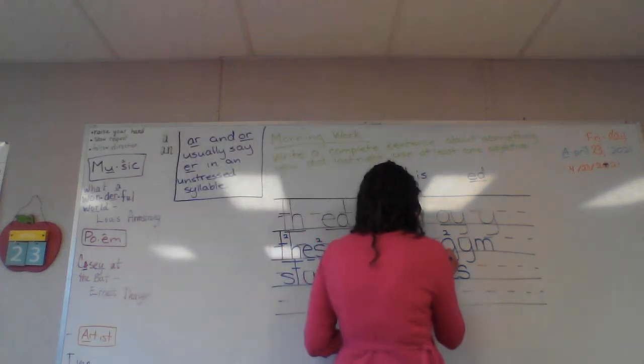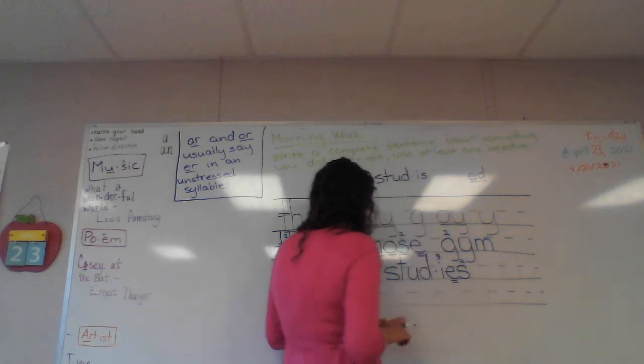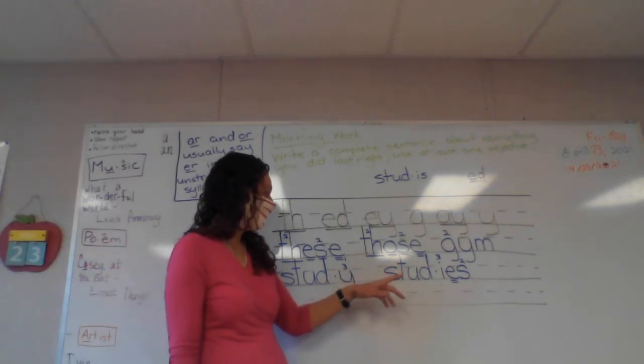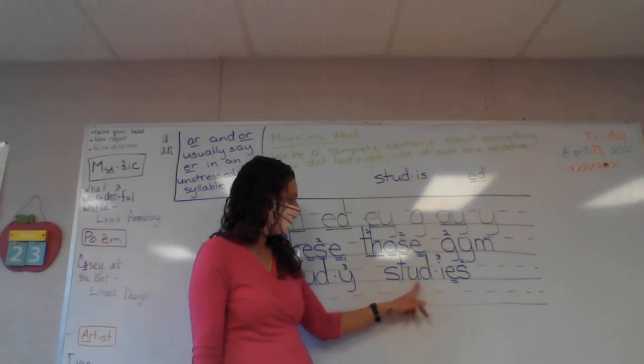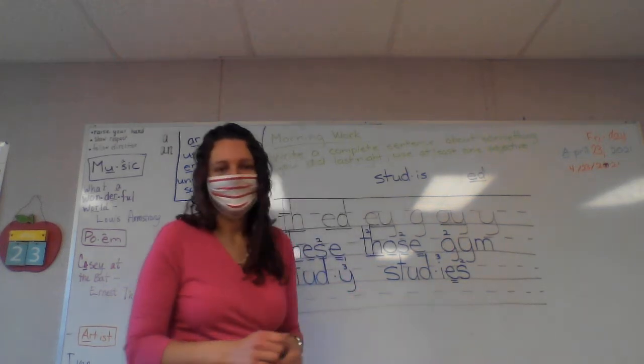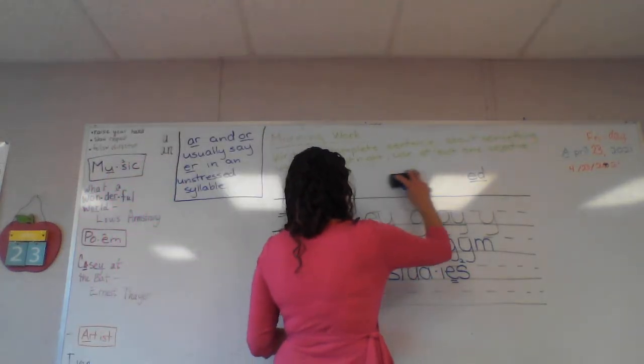There's nothing to mark in the first. All right, let's read our word, class. Studies. Good, studies. All right, and I'll just take this down because I don't want that to be confusing.